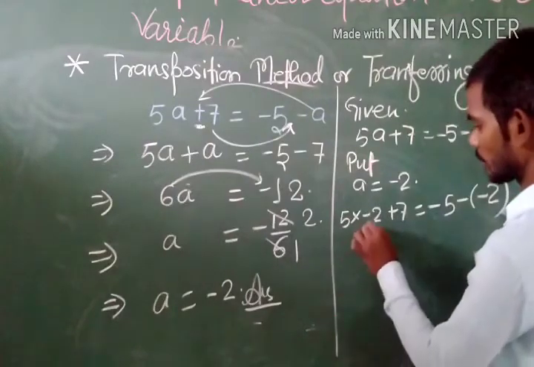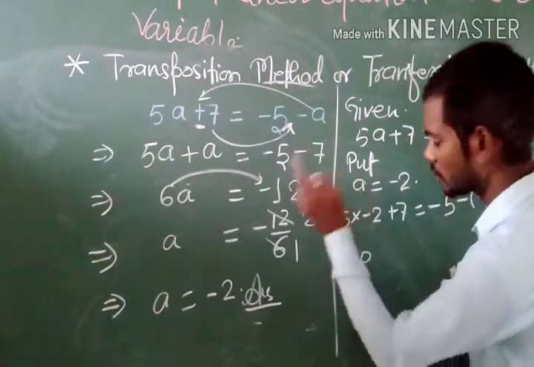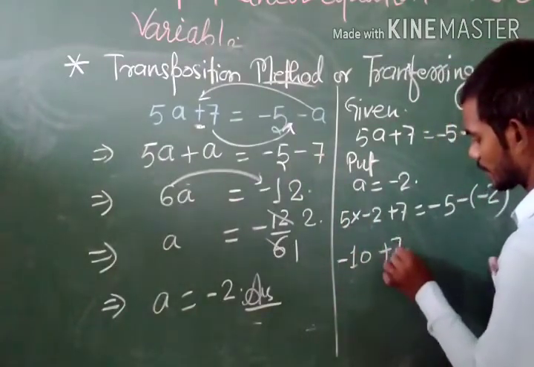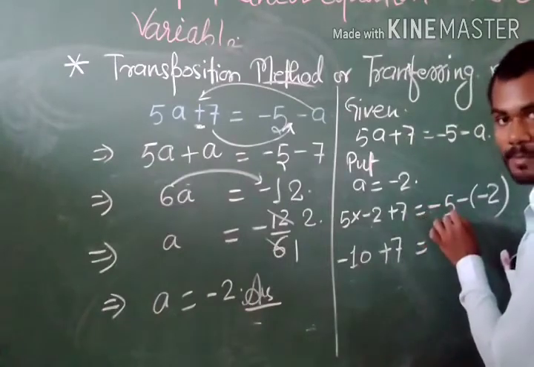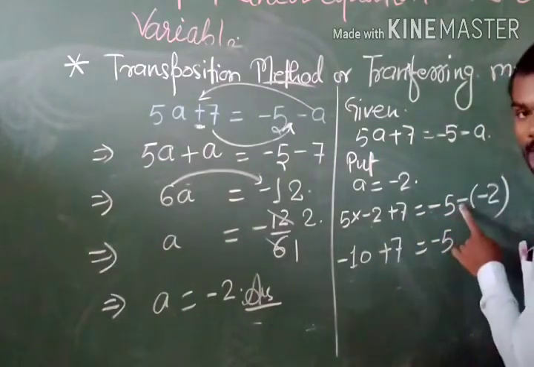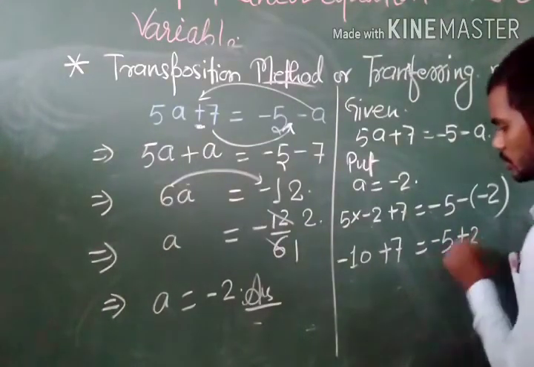Now solve this. 5 times 2 is 10. Minus multiplied by plus is equal to minus. So this is minus 10 plus 7 is equal to minus 5 remains as it is, minus 5. Minus multiplied by minus is equal to plus 2.